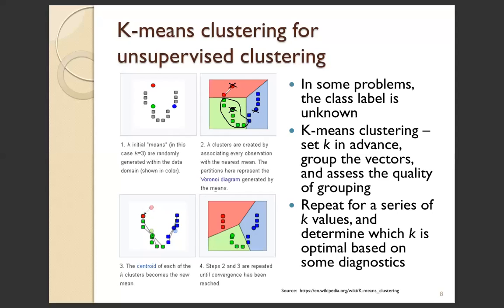Since here there's only one point, after you update, the centroid will just move here. You take the center of these points, so the new one will be somewhere around here. This one will maybe move somewhere around here. So after updating, you will get this.